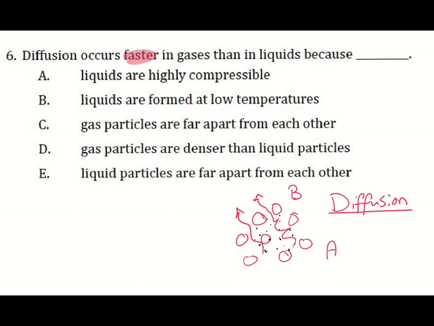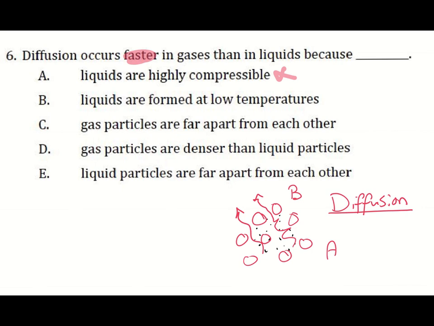Diffusion occurs in gases faster than in liquids. And this is because kinetic energy of gases is much higher than in liquids, or gas particles are far apart from each other compared with the liquid phase. So which choice could be correct here? Liquids are highly compressible?